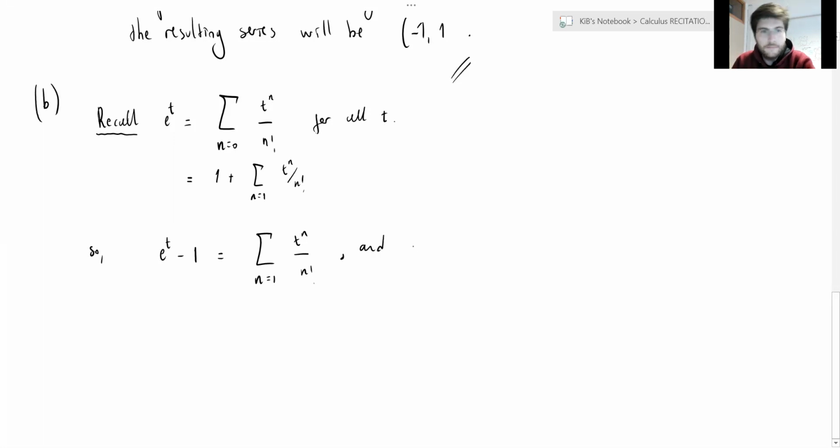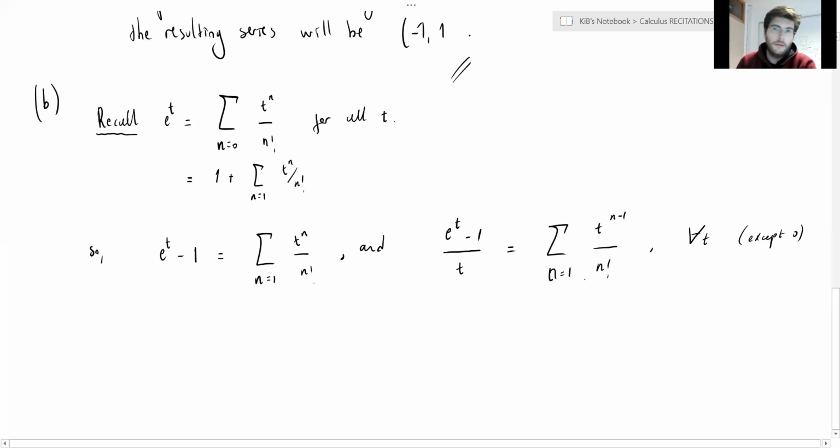And clearly, dividing by t, we get the sum from n equals 1 of t to the n minus 1 divided by n factorial, for all t except 0, because the left-hand side doesn't make sense at 0.